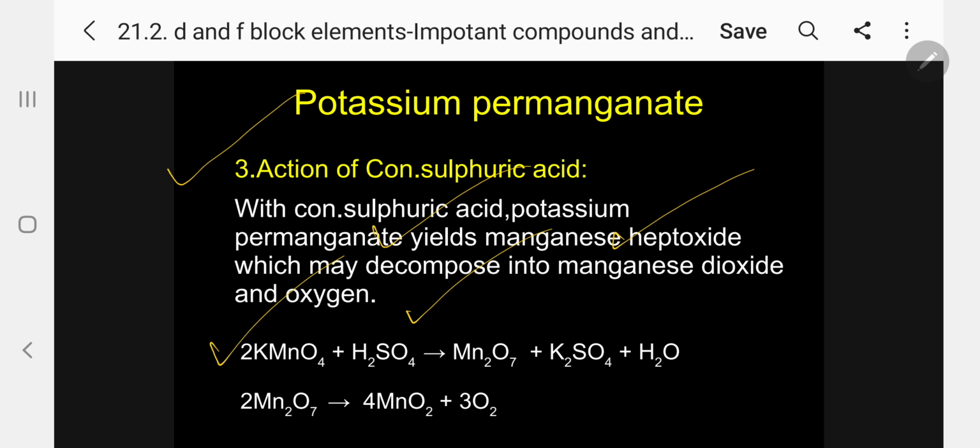Here 2 moles of potassium permanganate react with 1 mole of sulfuric acid to give 1 mole of Mn2O7, that is manganese heptoxide, potassium sulfate and water. But this manganese heptoxide, if you heat it, produces 4 moles of MnO2 and oxygen. So you can produce oxygen directly from potassium permanganate by heating with excess concentrated sulfuric acid.